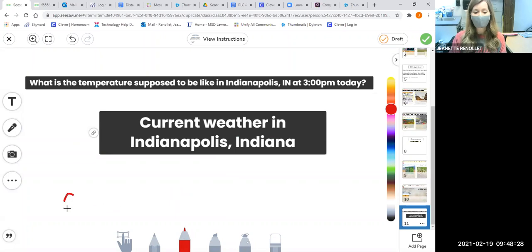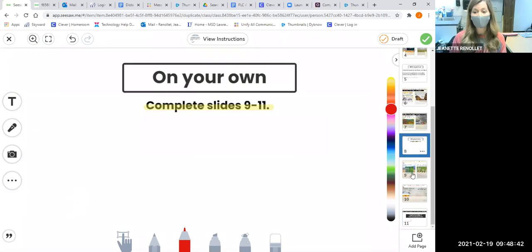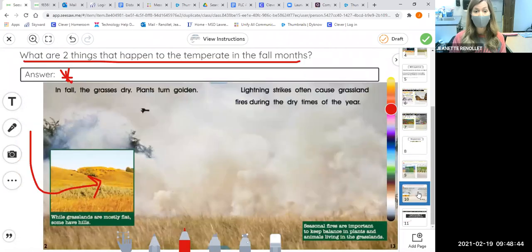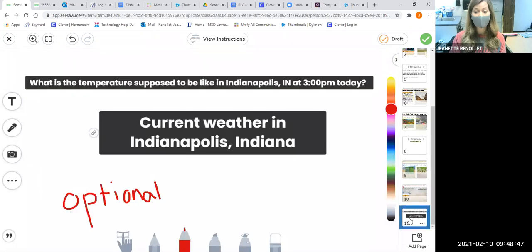If you want to do this, you are going to explore what the weather is like today in Indianapolis, Indiana, in our temperate climate. So your job is to do slides 9 and 10 during your work time today. Number 11, if you would like to. When you are done, you will put your green check to turn in your work.